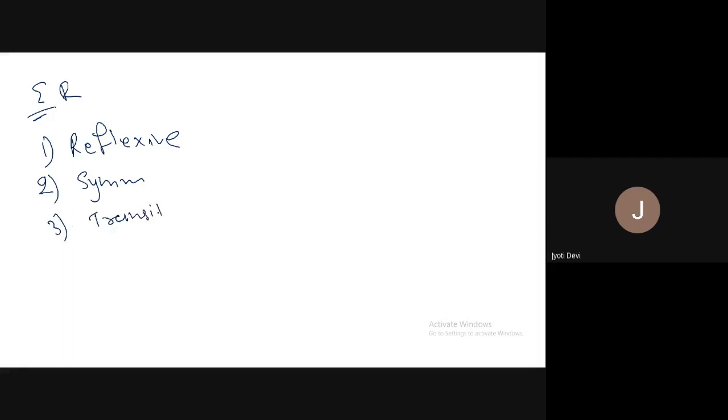And for the equivalence relation, first we check the reflexive, second we check the symmetric, third we go for the transitivity. This is all about your relation.